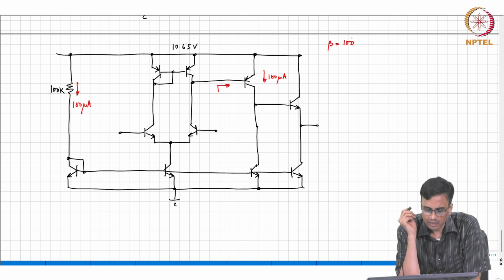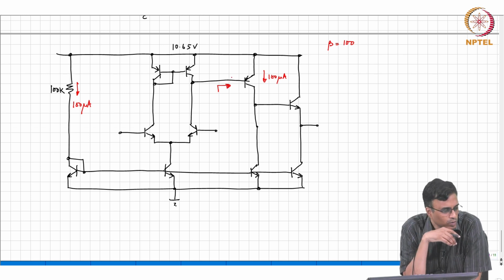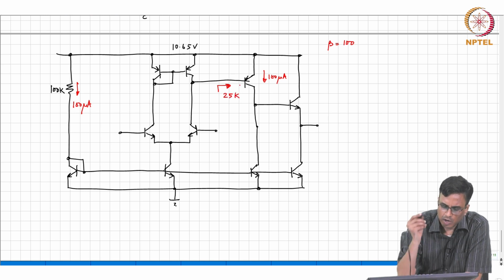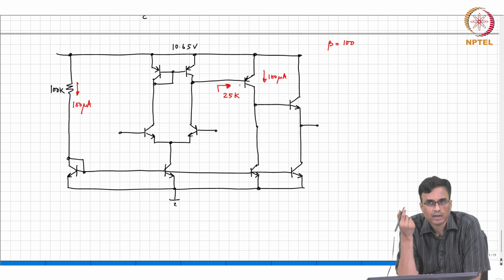What is gm of the transistor? 1 by gm is 25 millivolts by 0.1 milliamperes, that is 250 ohms. 250 ohms times 100 is the input impedance. So, that is basically 25 k. Alright. So, if this was a MOS transistor, what would be the input impedance? Infinite.